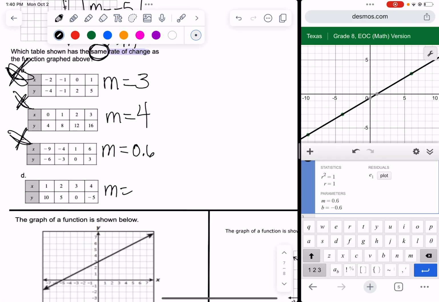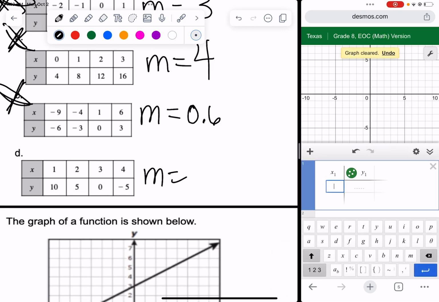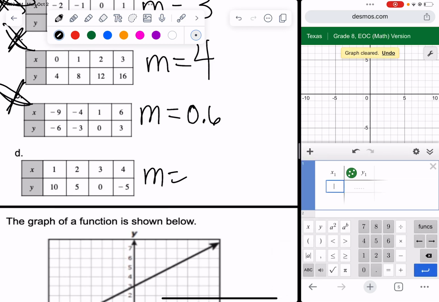So let's try D. Again, start all over. We have 1, 2, 3, 4. And we have 10, 5, 0, -5.